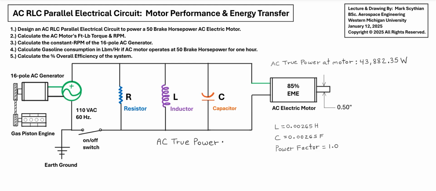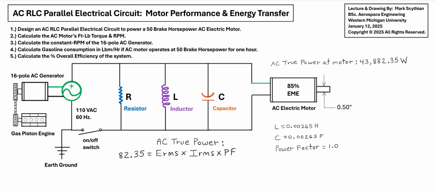Then we can use the AC true power formula, which is the effective or RMS voltage times the effective or RMS, root mean square, current, then times the power factor. This product is equal to the AC true power in wattage.